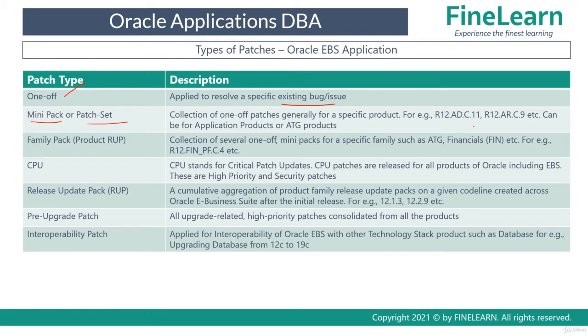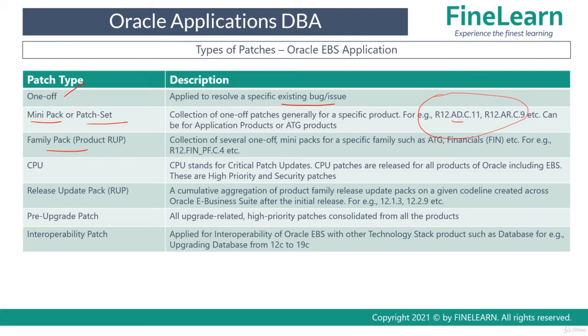For example, if you take the AD product, you'll have the patch sets of a specific product: AD C10, AD C11, etc. Similarly for AR, we also have mini packs or patch sets called AR C9, C10, etc. Also remember that these mini packs or patch sets need not always be related to a specific level or version, but can be a set of one-off patches. So usually you can say that a patch set is nothing but a combination of more than one one-off patch.